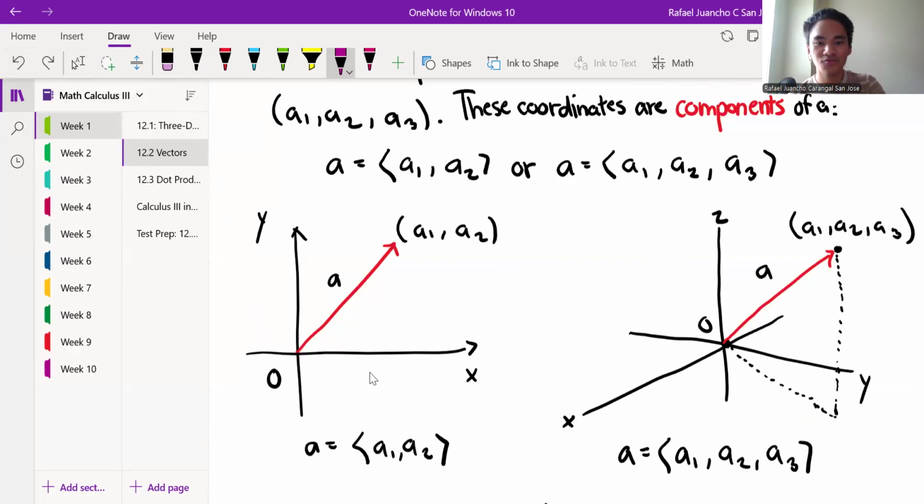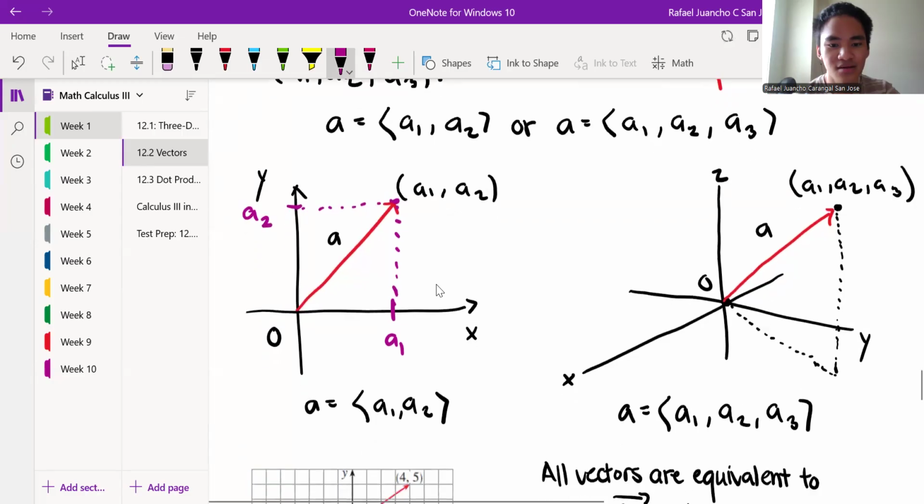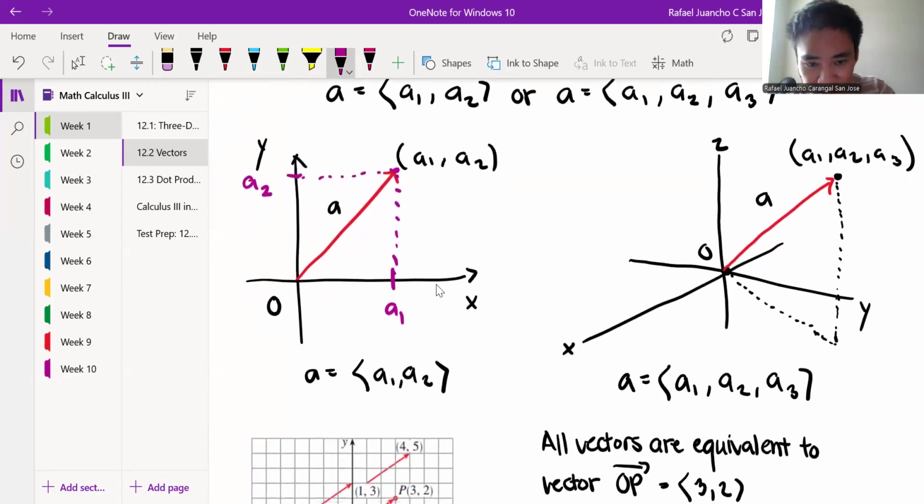And we have this point here that's telling us this is A1, or A subscript 1. This is A subscript 2. And in vector notation, we're just adding this arrow to say, oh, this is a vector. And it's the same for the 3D version.